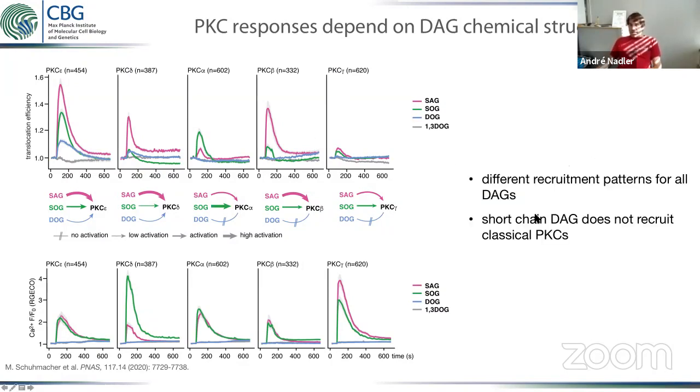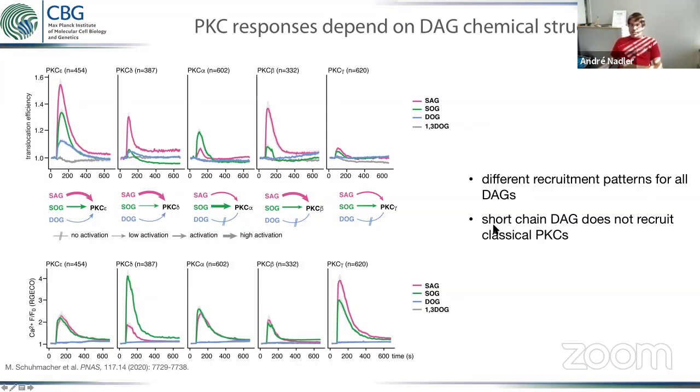So basically, the major take-home messages. I don't intend for you to remember all these details. The major take-home messages are that you get different recruitment patterns for all of the diacylglycerols that we tested and individual PKC isoforms. So this is a pretty strong indication that our initial hypothesis is actually correct.